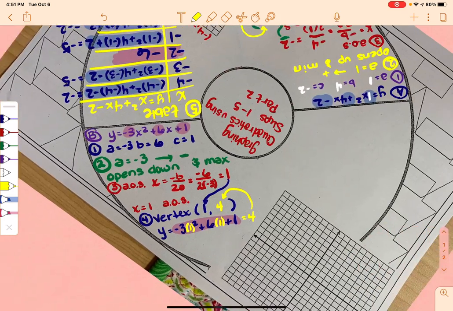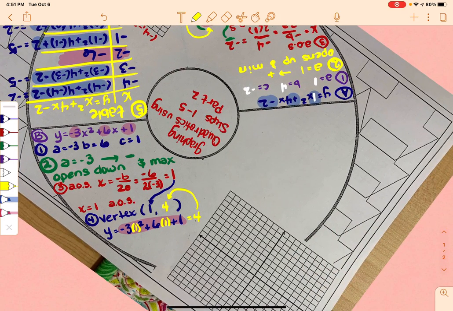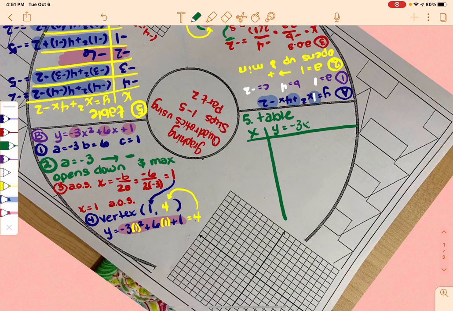Okay, now I'm going to go off to this other side over here, and I'm going to start to make my table. Now, I'm just going to get my outline done, and then I'm going to move in a little bit so you can see this. So I have y equals -3x² plus 6x plus 1. I'm going to make my 5 steps. Let's see, 1, 2, 3, 4, and 5.